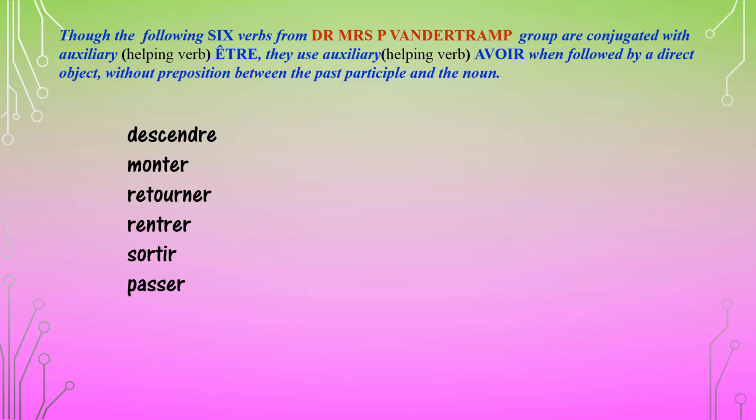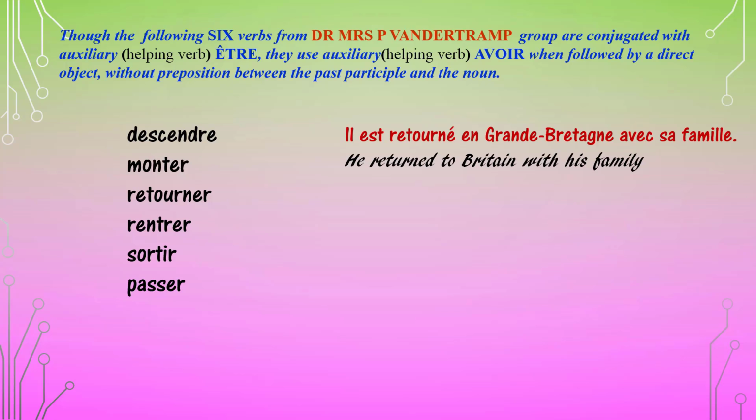Now let's have a look at these sentences for example and see how the auxiliary changes between être and avoir. Il est retourné en Grande-Bretagne avec sa famille. So here the helping verb is verb être as usual.